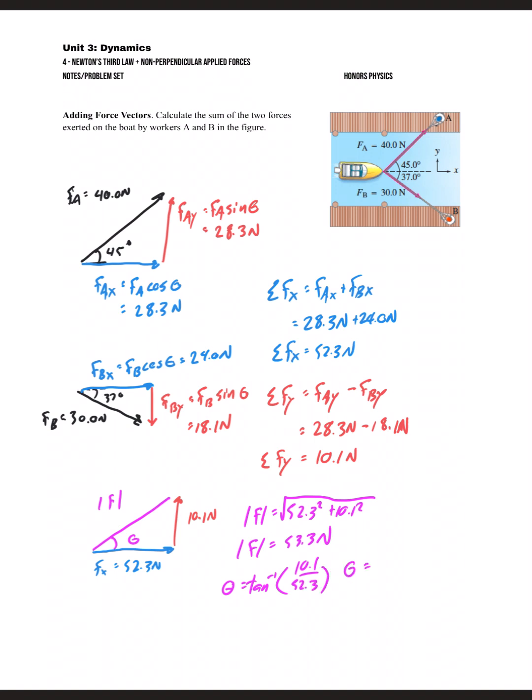So your angle is about 11 degrees, and I'll call it to the x axis, simply because that's how they gave me my information up there. Okay, so pretty quick one. Once again, a lot of work, but it's nice to see where all of that stuff comes from. All right, on to the last question, or the last kind of question you will see.